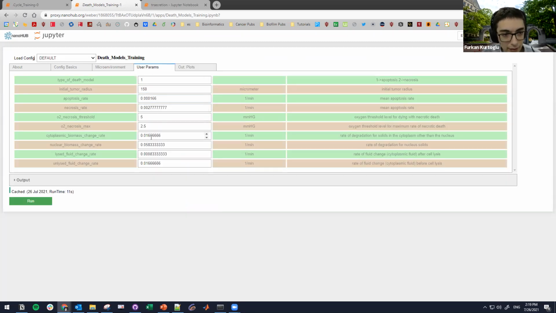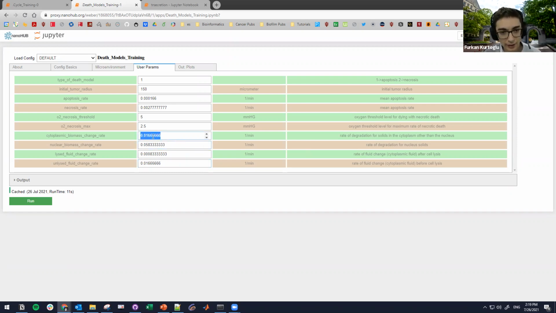The thing I would like to show is the unlysed fluid change rate, which is the parameter looking at how fast they are losing their content. There are 3 types of parameters affecting this loss of content. The first one is cytoplasmic biomass change, the second one is nuclear biomass change, and the third one is fluid change.